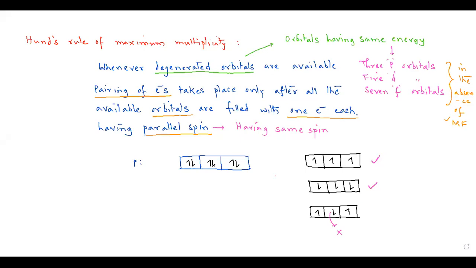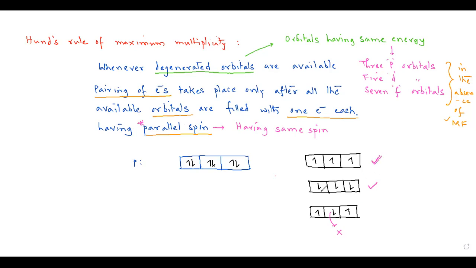Now coming to this rule, it is very clear that you cannot write the electrons into different orbitals just like that. You have to fill up one electron in each of the degenerated orbitals that are available. Next, once you fill up all the orbitals with electrons having parallel spins, having parallel spin in the sense having the same spin.